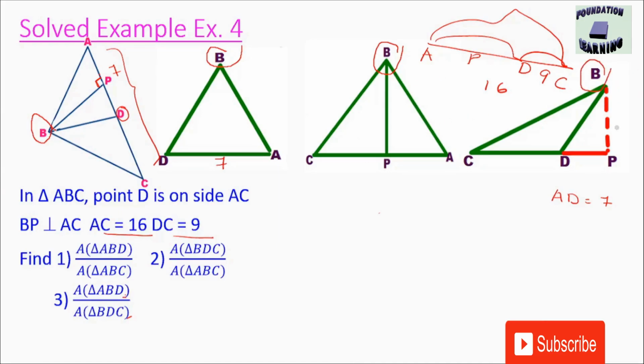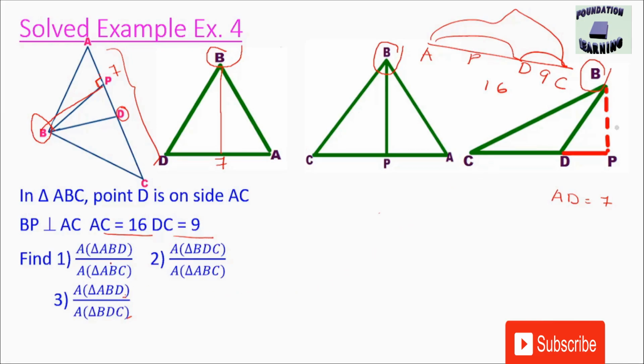So when we have the common vertex with the base collinear, they have equal height. The height is BP, so everywhere the height will be BP.